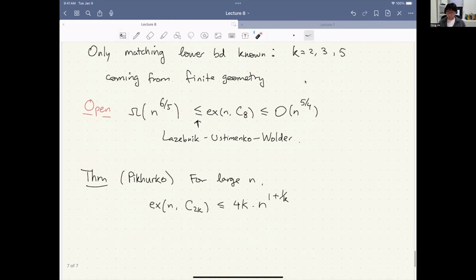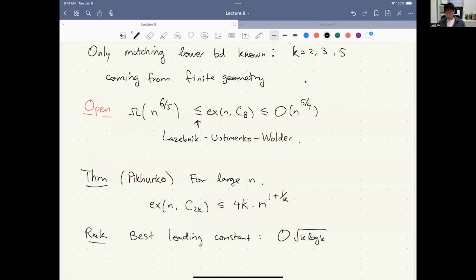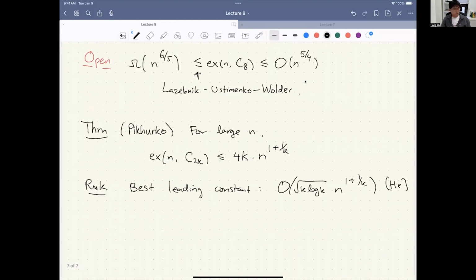And so far, the best leading constant as a function of k is something like k square root k, log k maybe, by a student from CMU.